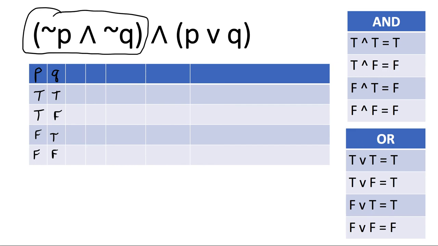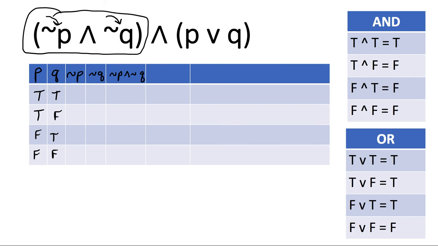So looking at what I have and what I need, I still need a not P. I need a negation of P. So I'm going to add that here. I'm also going to need a negation of Q. And then once I have those two, I'm going to need to put them together with the and symbol. So that's going to take care of the left-hand side.